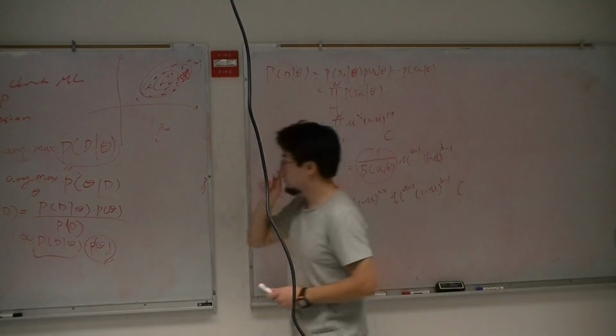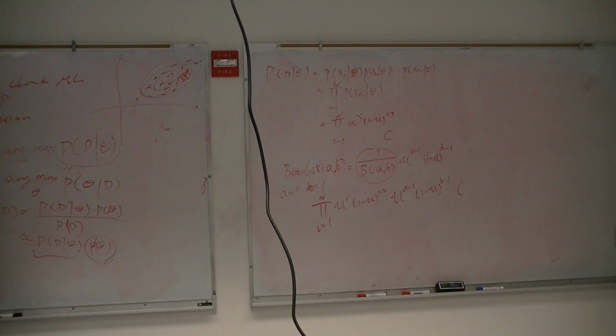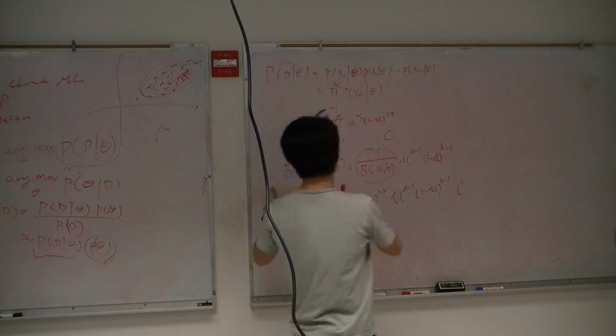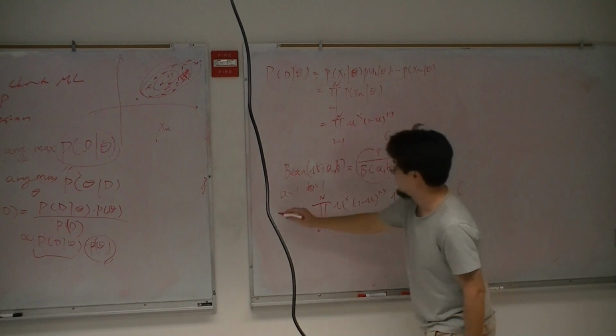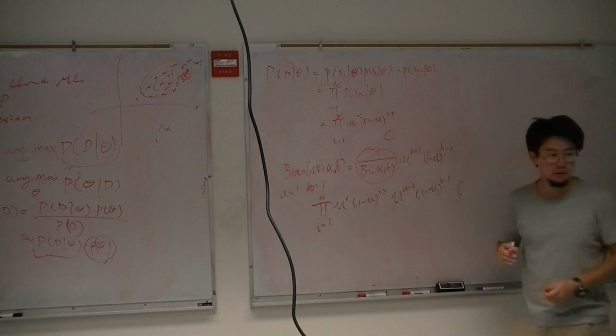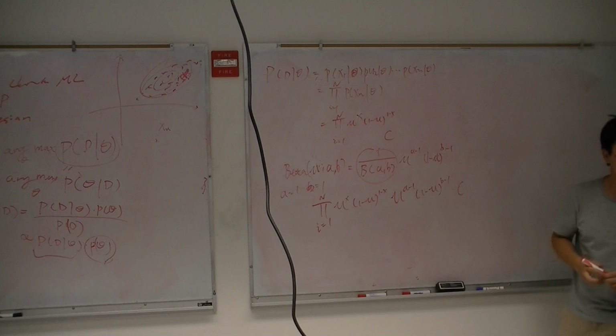Because here we are going to use MAP, maximum a posteriori, as the estimator of theta, and MAP is proportional to likelihood times P of theta according to this rule. So right now we are computing, just assuming that theta should be beta distributed.